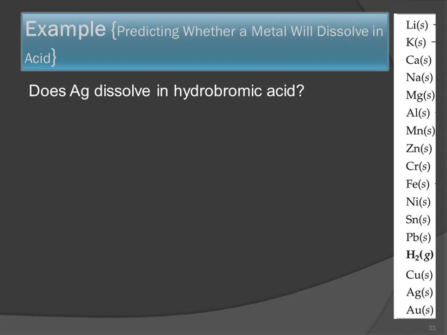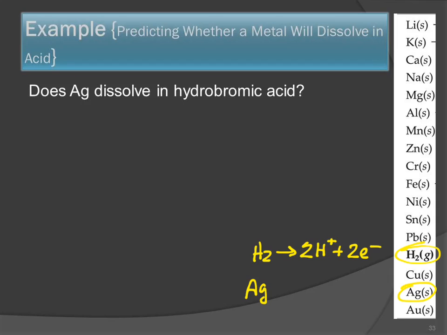So will silver dissolve in hydrobromic acid? You have to look at the list. So here's H2, and here's silver. ¿Quién es más macho? The hydrogen is. So silver metal will not dissolve in acid, because the forward reaction for this one is H2 going to 2H+ plus 2 electrons.